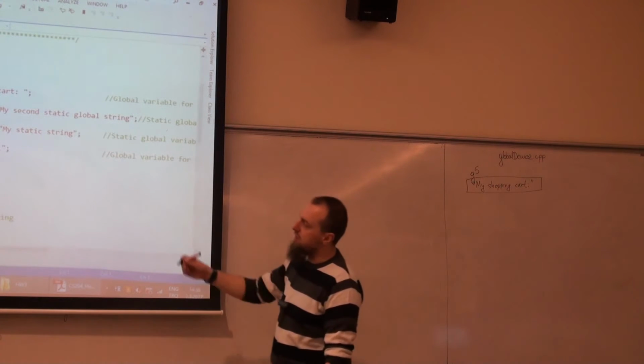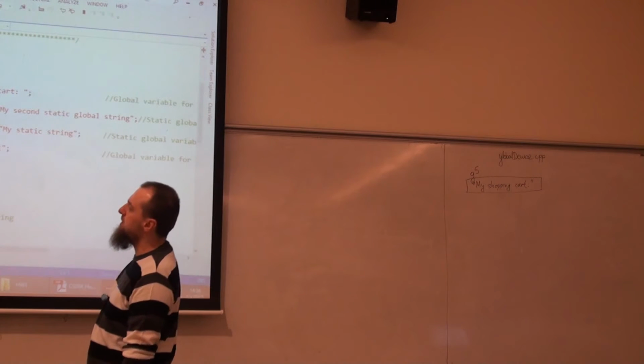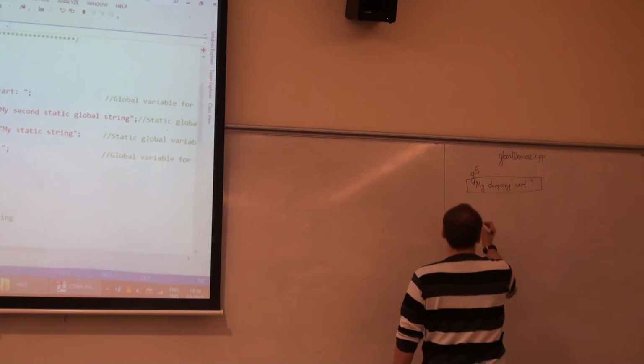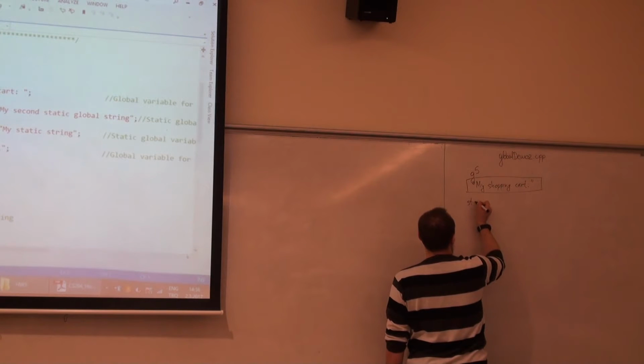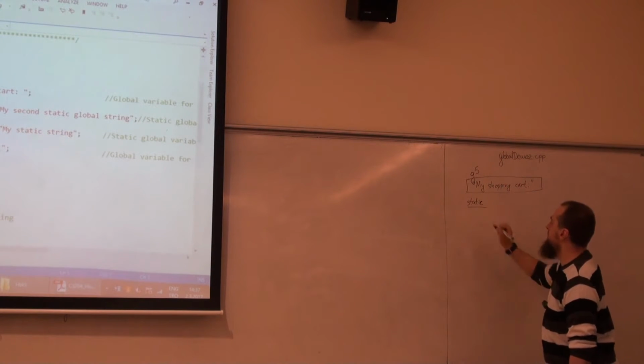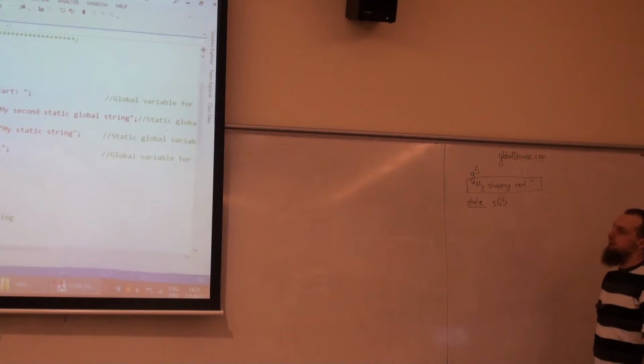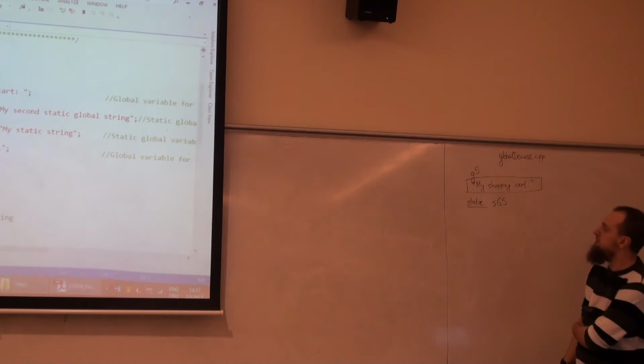Then we define a static variable, and we saw what static variables are, called static global string. So I'm going to write static here, this reserved word static. So static global string, SGS, abbreviation of static global string.